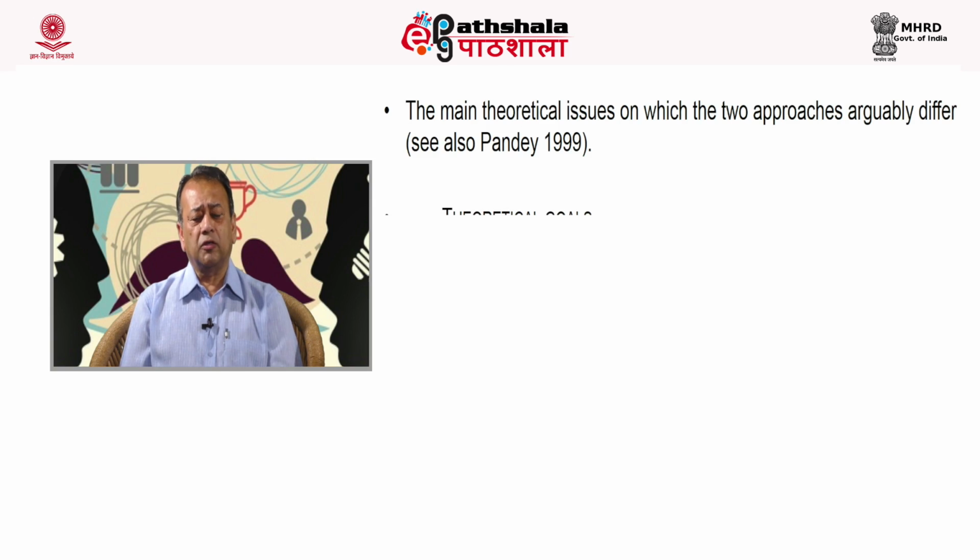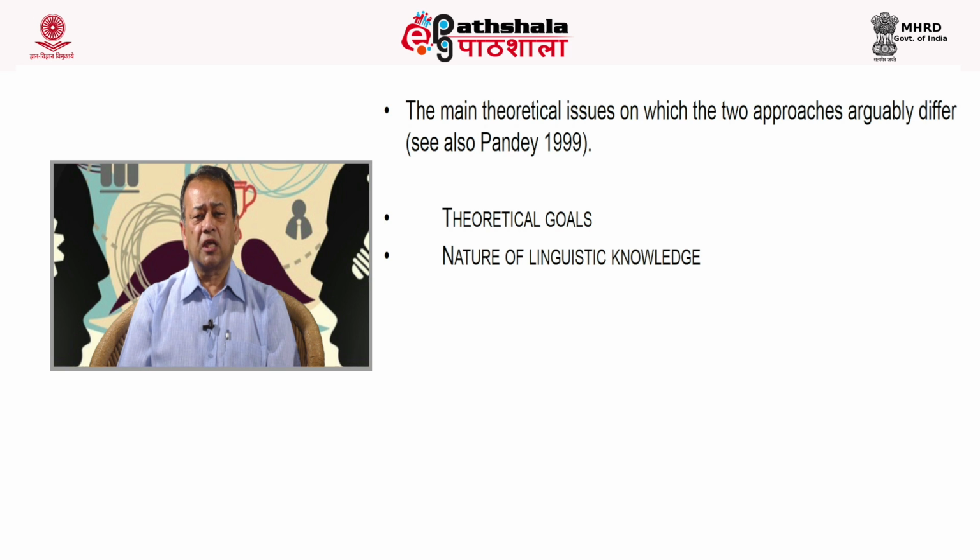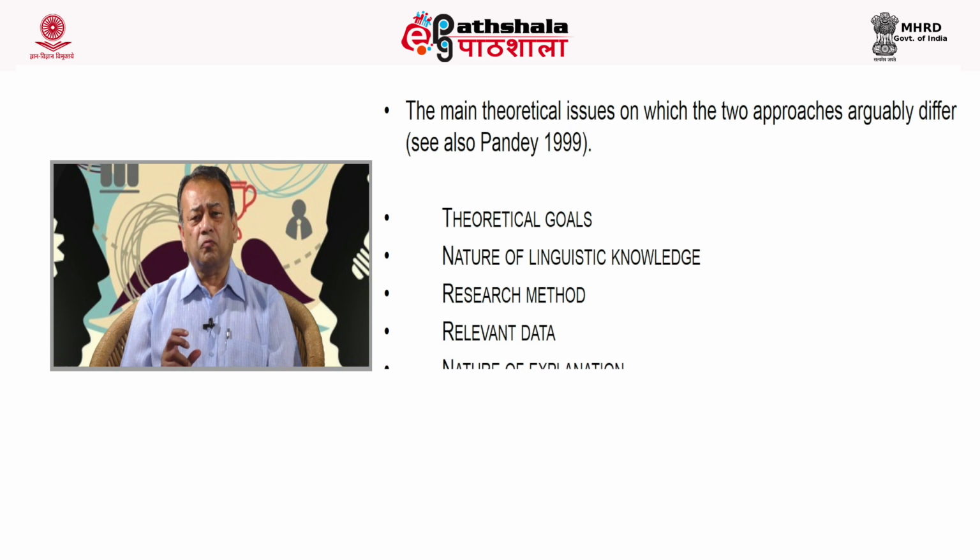To begin with, you take a look at the topics given there, on the basis of which we can say that formal and functional approaches differ from each other. To begin with, the theoretical goals. In formal approaches, the main theoretical goal is to account for the knowledge of language.